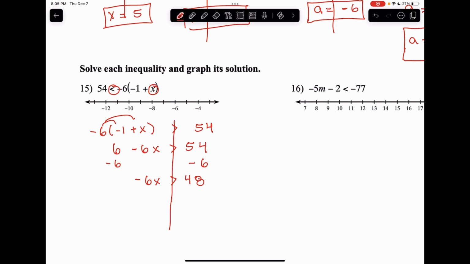And then in order to get x by itself, I'm going to divide by -6. I need to remember though that when I divide an inequality by a negative, I have to flip the sign. So 48 divided by -6 will be a -8, and my sign is going to switch.